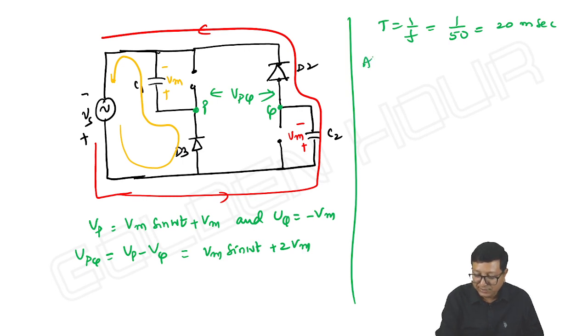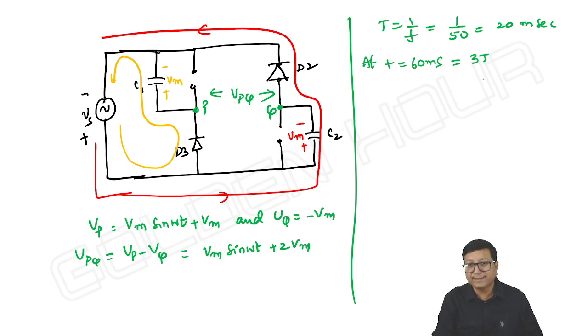So at t is equal to 60 milliseconds, which means 3 times the time period, at the end of every cycle, Vm sin omega t value becomes 0. Is it not so? So V input or Vs is equal to 0.